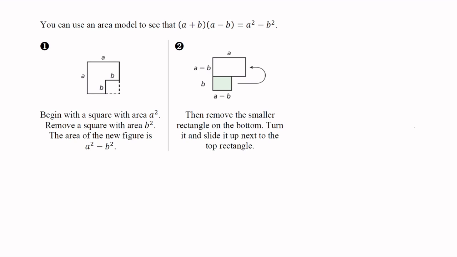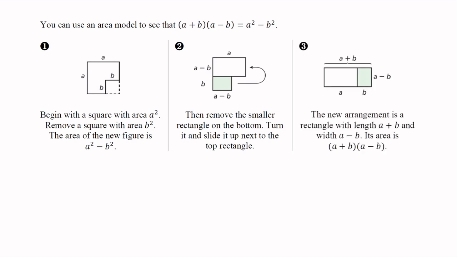If we take the a minus b that is on the bottom and turn it on its side to match up with the a minus b on the top left, we end up with a larger rectangle which has the area of (a plus b) times (a minus b).